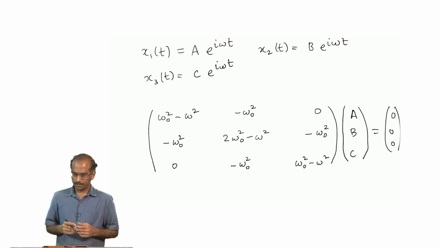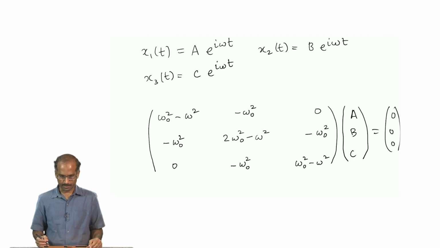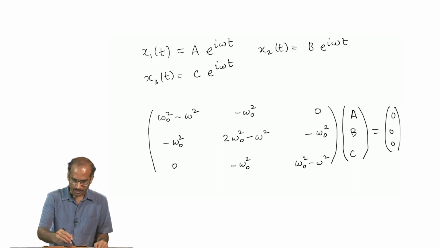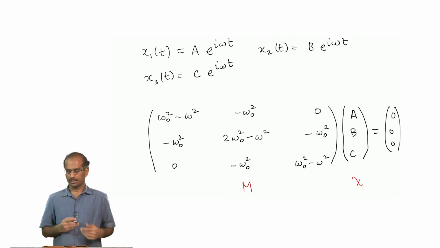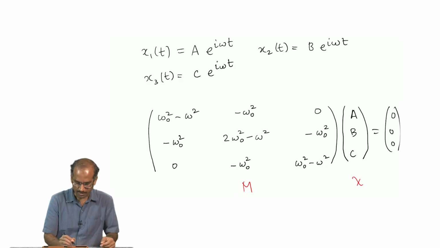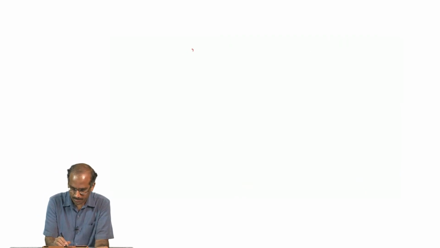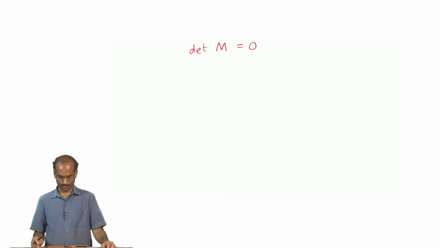Okay. So, I have written down the matrix vector equation. As usual, we will call this m and this chi, and the same argument again goes through that for non-trivial solutions for a, b and c, we require that the determinant of m be equal to 0.